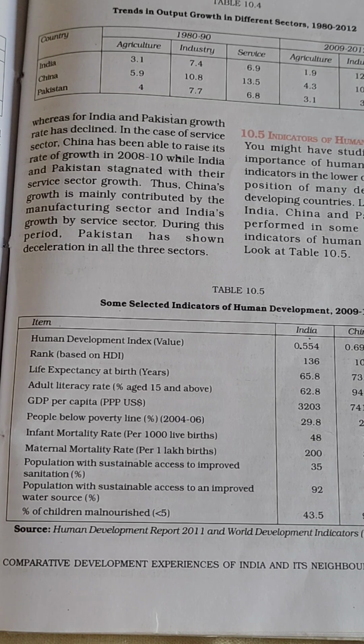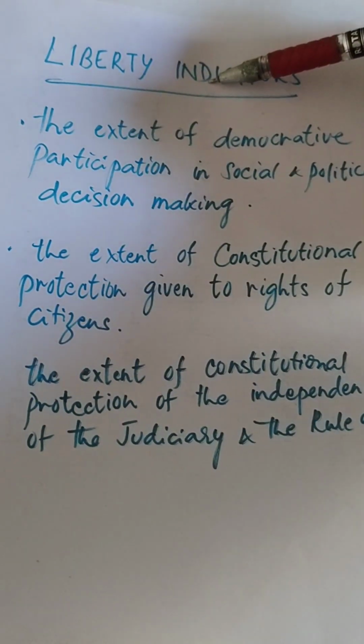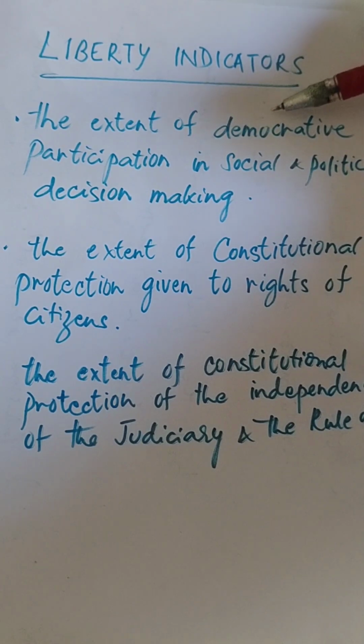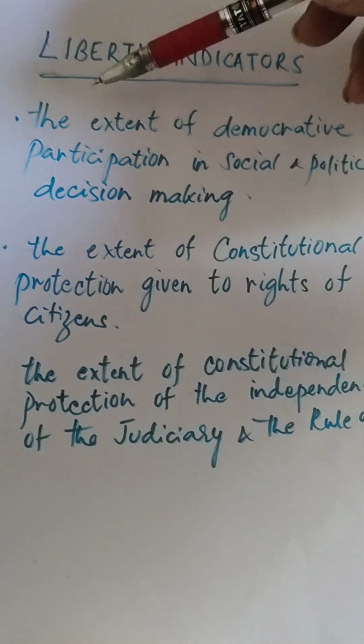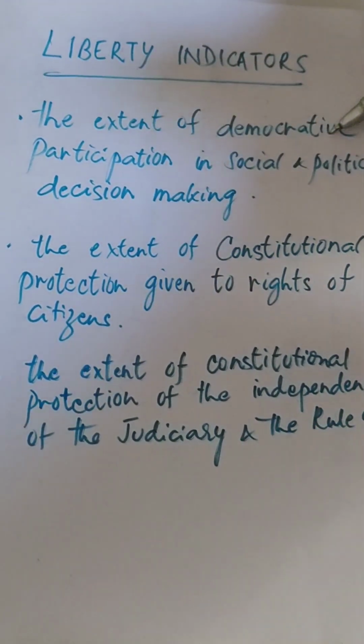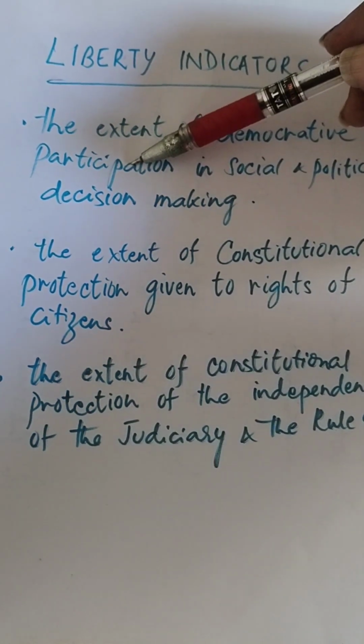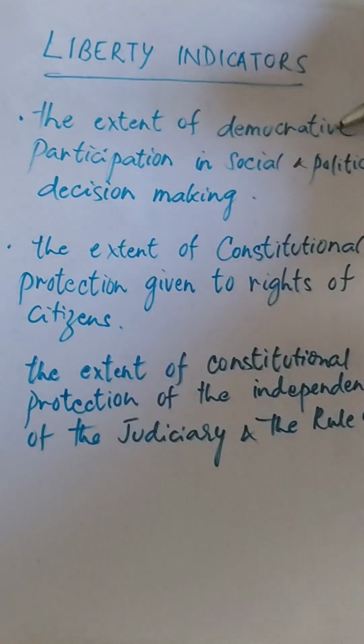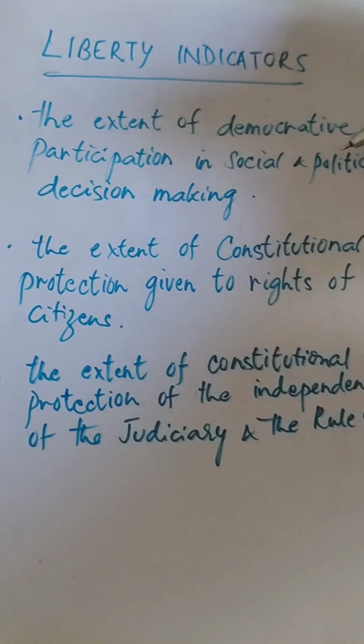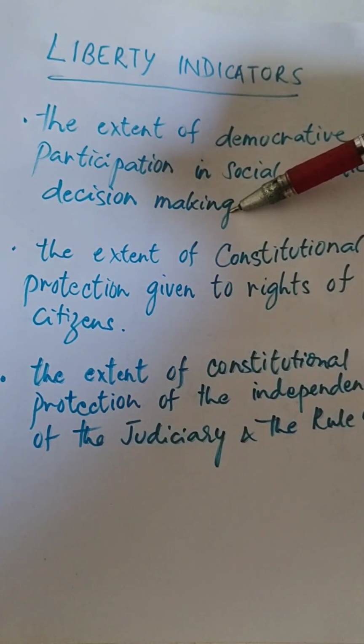Along with these, we also need what may be called liberty indicators. One such indicator has actually been added as a measure of the extent of democratic participation in social and political decision making.